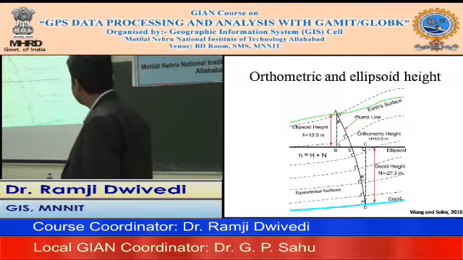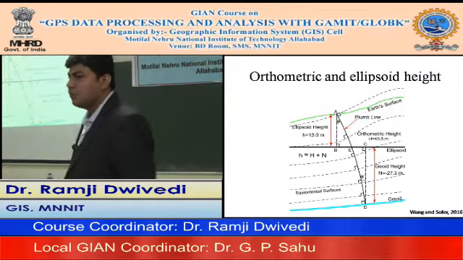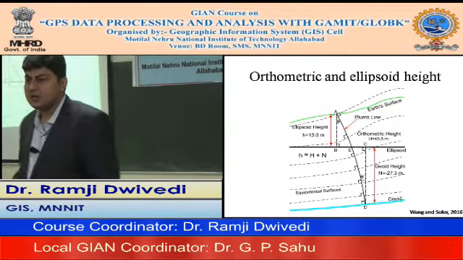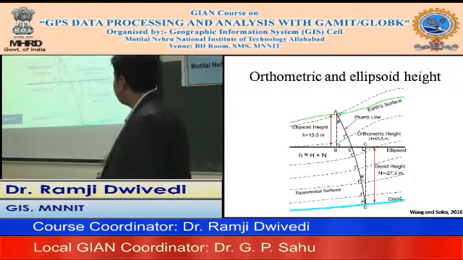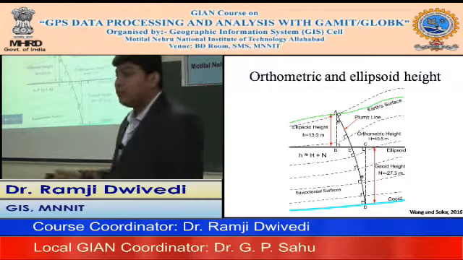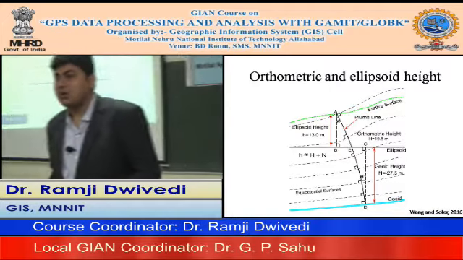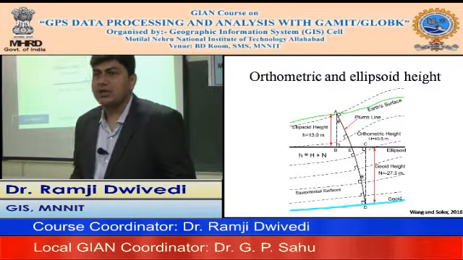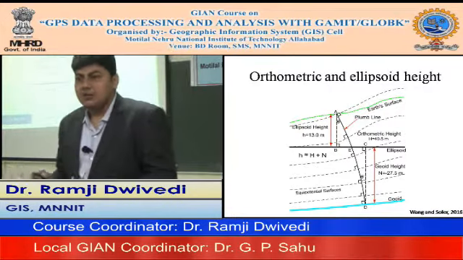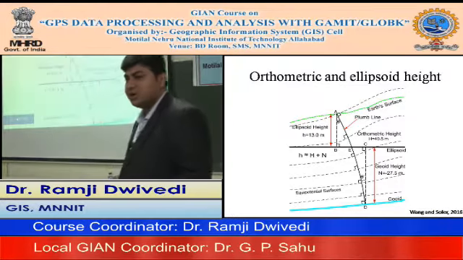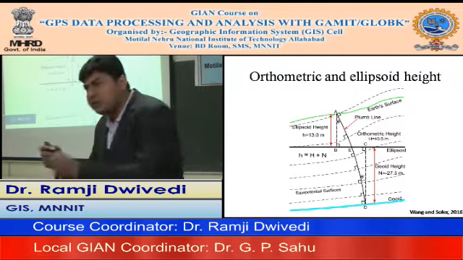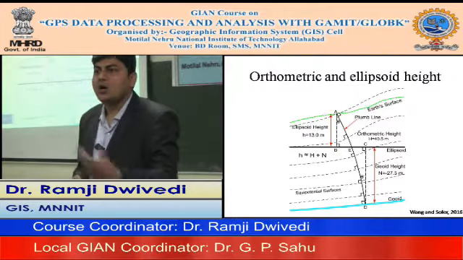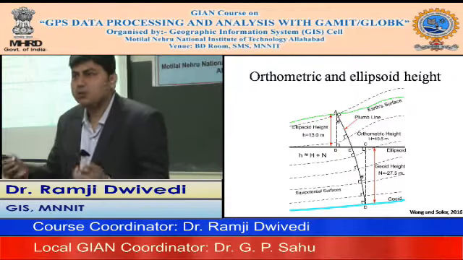This geoidal height is with respect to the ellipsoid, and it is represented by capital N. So we have a simple relation between ellipsoidal height and the orthometric height. Now people are developing geoid models so that they can immediately derive from GPS-derived heights, which we normally call ellipsoidal height, the orthometric height at that point. Work is currently going on, and many people want to find the orthometric height with their GPS receiver by using those models.